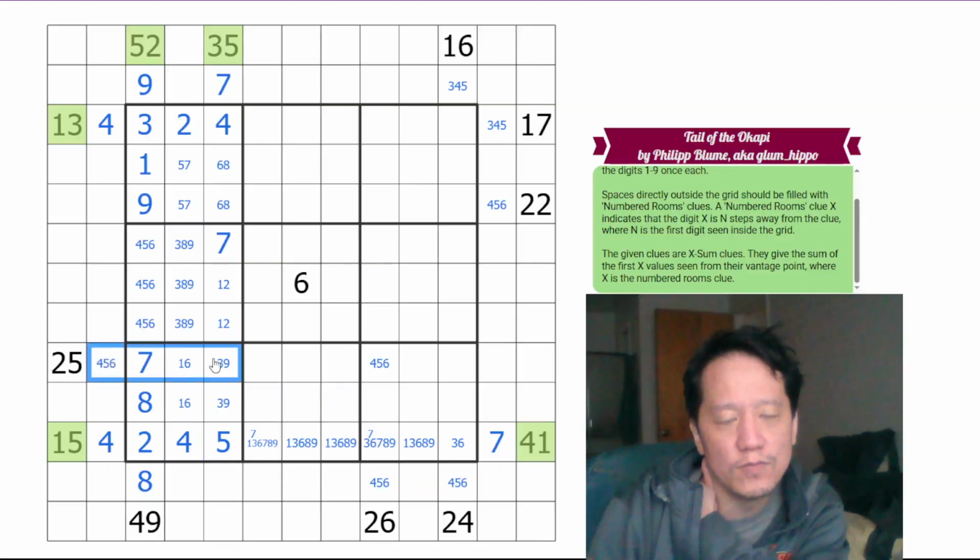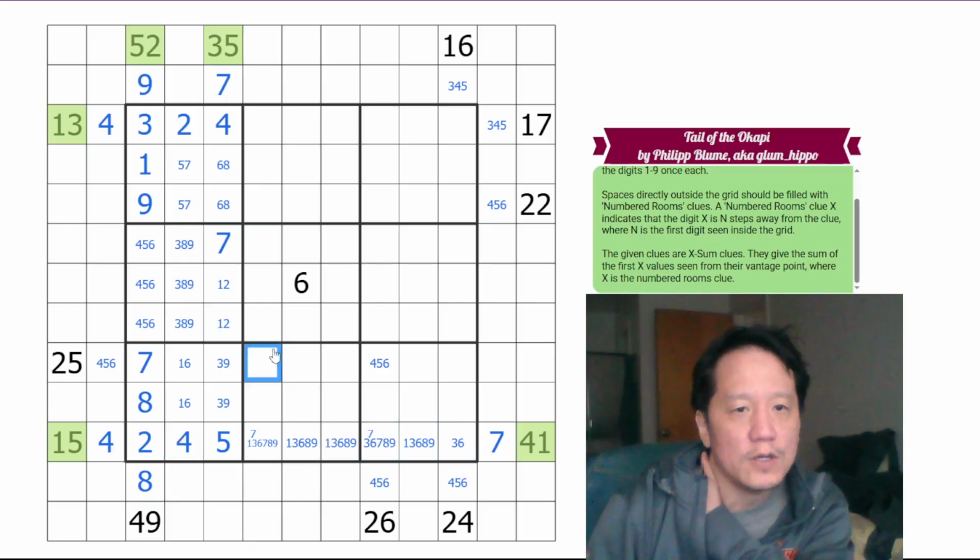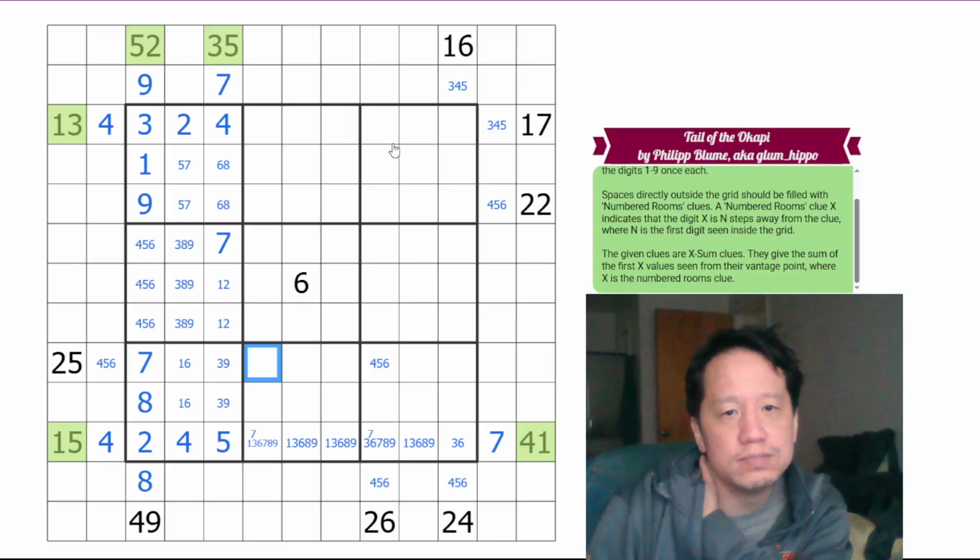Hmm. If it's 3, that this is highlighting, then this would be 9. 3 and 9.